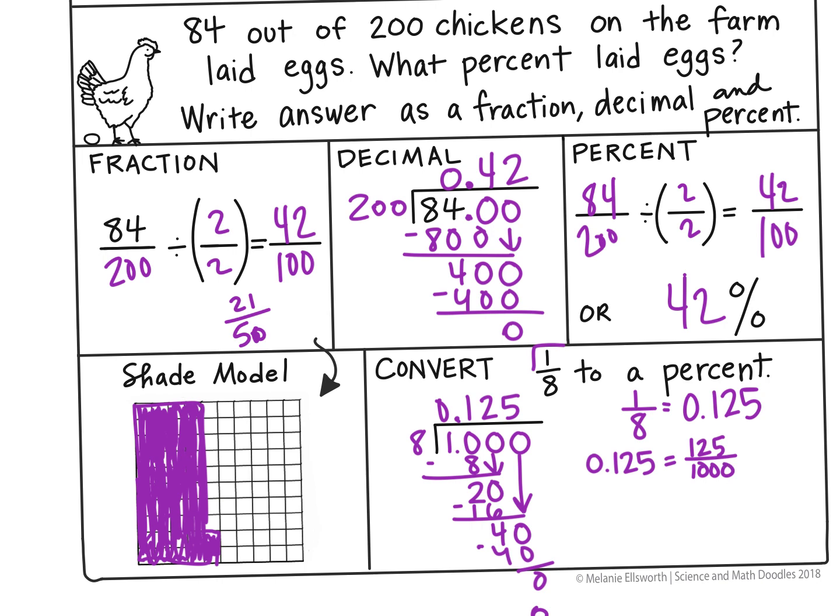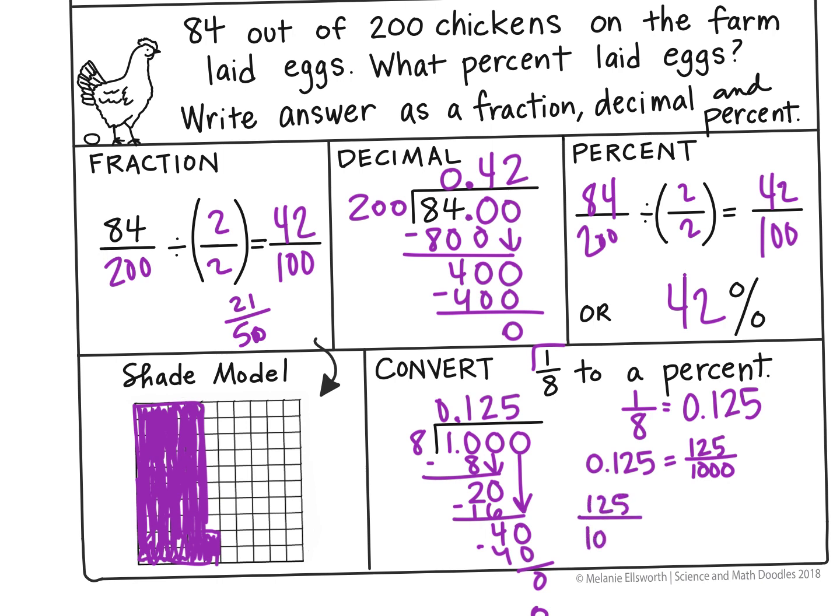Thinking back to my place value chart, when I am moving up and down the place value chart, think about the metric system too. It's all based on a base 10 system. So if percents have to be out of what? 100, right?